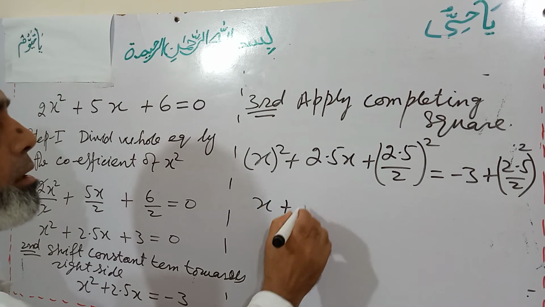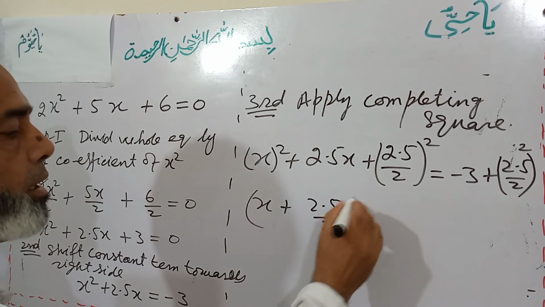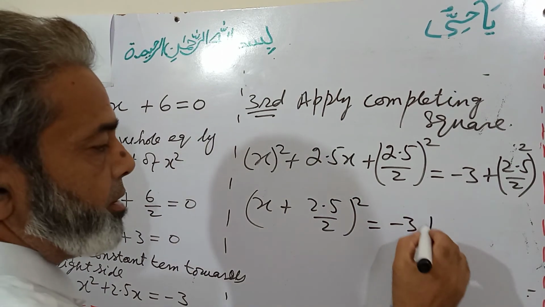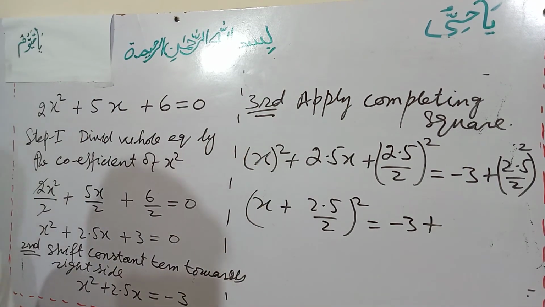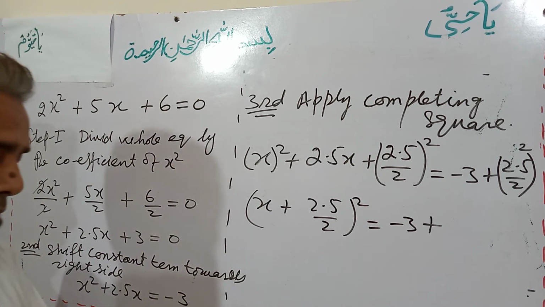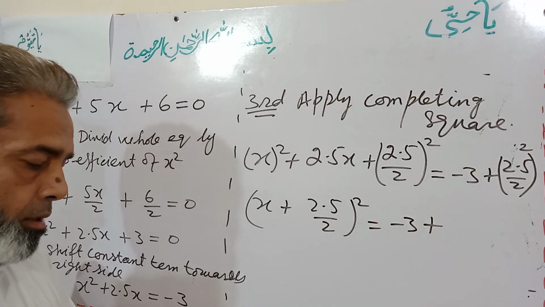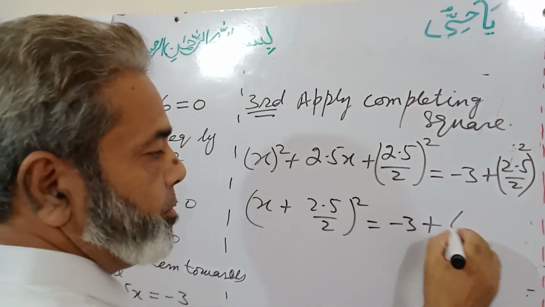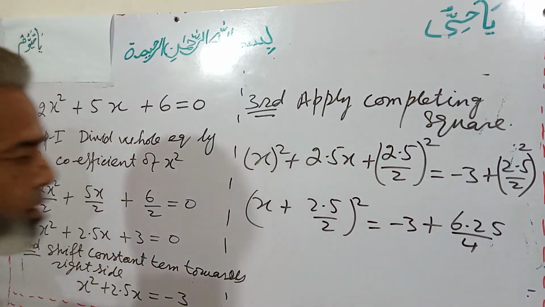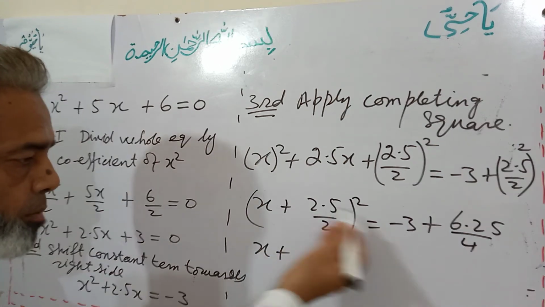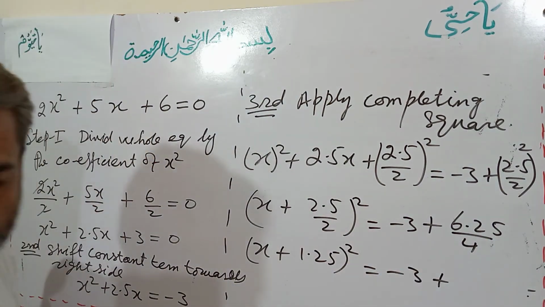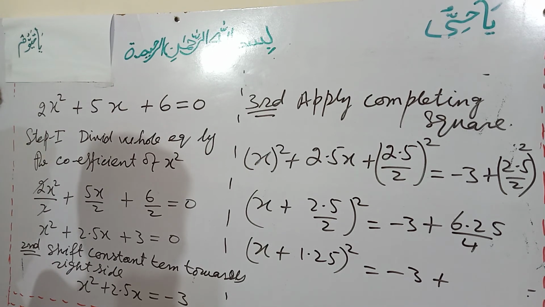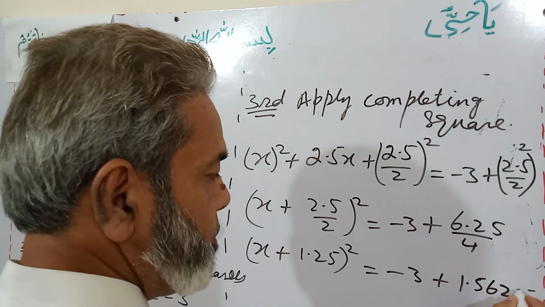(x + 2.5/2)² = -3 + (2.5/2)². This will become 2.5 multiplied by 2.5, which is 6.25, so 6.25 over 4. (x + 1.25)² = -3 + 6.25/4 = -3 + 1.5625.